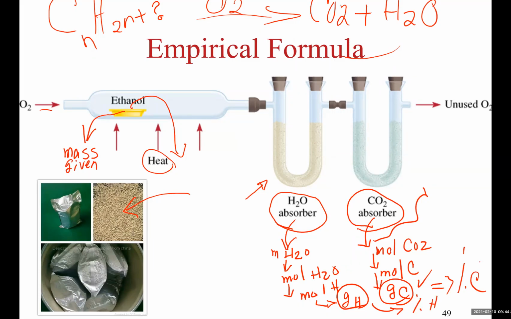I'm going to do an example for you. So I hope this makes sense, that by simply sending a sample to a lab which does combustion, I can determine the percentage of hydrogen and carbon, and from percentage, I can write the ratio between the number of atoms in the formula of the structure.